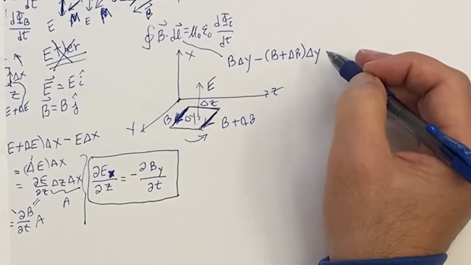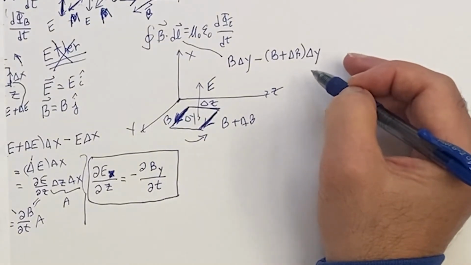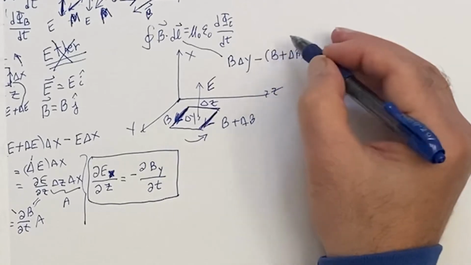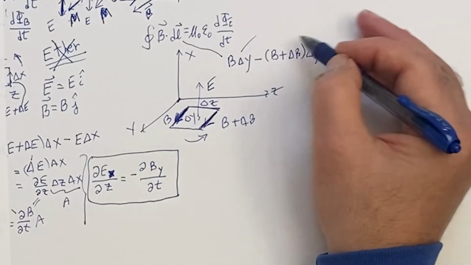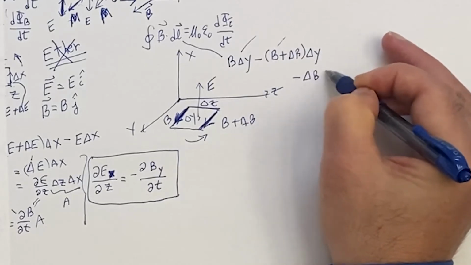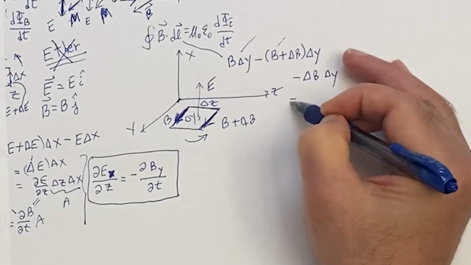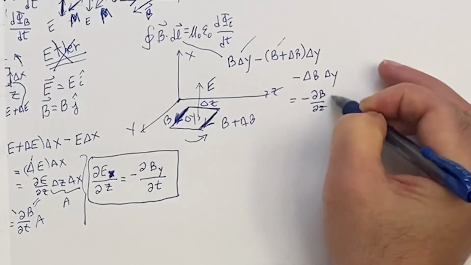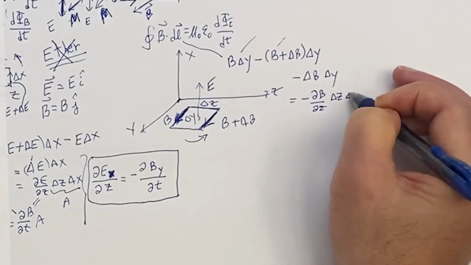So if we look at this, we see that we're going to have a cancellation again. This is going to cancel there. You're going to have minus delta B, delta Y. But once again, this is the partial of B with respect to Z times that delta Z. Same trick we did before.